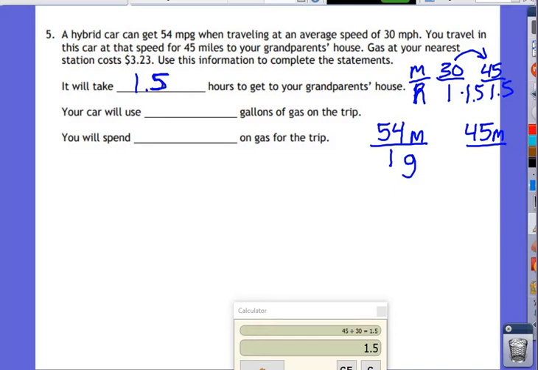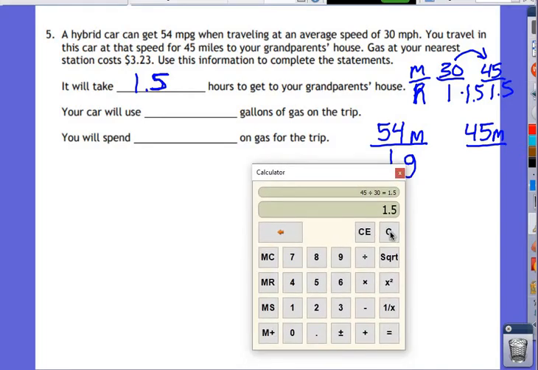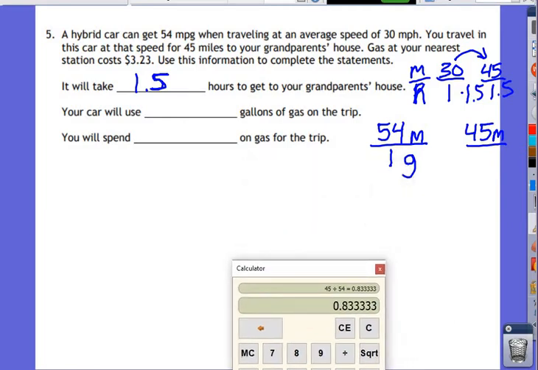So to find this, how did I find the scale factor here? I did 45 divided by 30, right? Yes, sir. I did my new divided by original. What's my new on the second one? 45 divided by 54. I get a decimal. Why am I getting a decimal? Because did I get smaller or larger here?